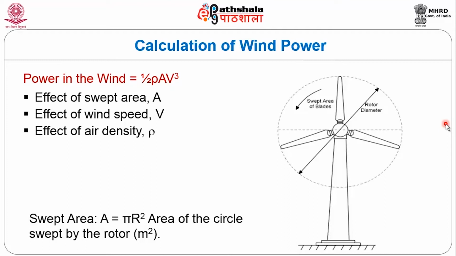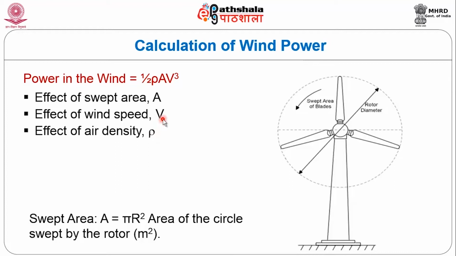This is about the calculation of wind power. The power in the wind is half rho A V cube, where A is the swept area, V is the wind speed, and rho is the air density.